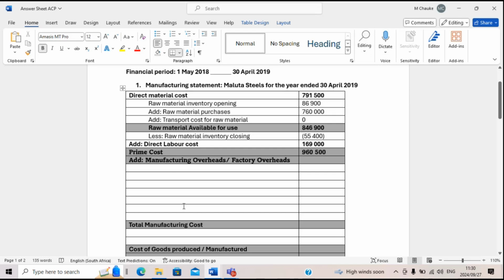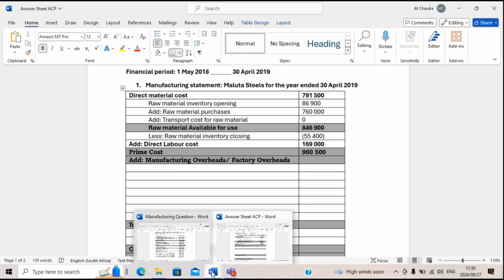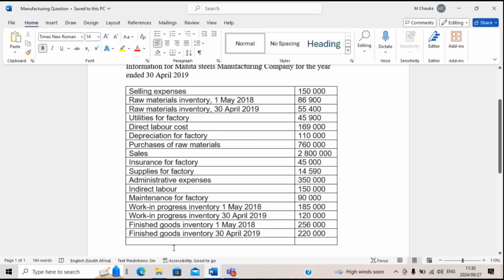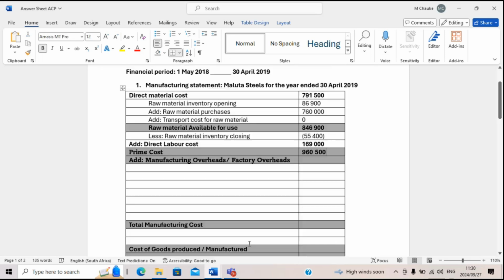So let's go and check in the question. What are the expenses that are of a factory? Number one, I see there is utilities for factory. That is one of the expenses.